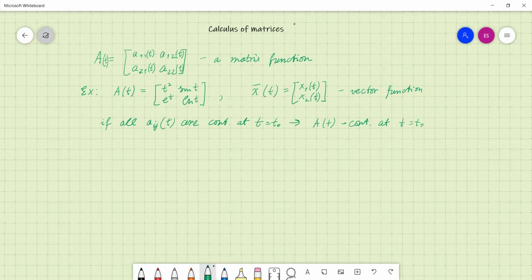Well, if all of them are differentiable, the matrix is differentiable. I'm going to just write differentiable. Everything here is the same.